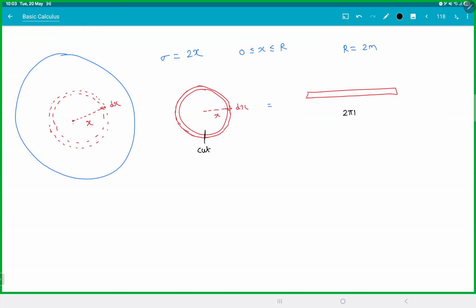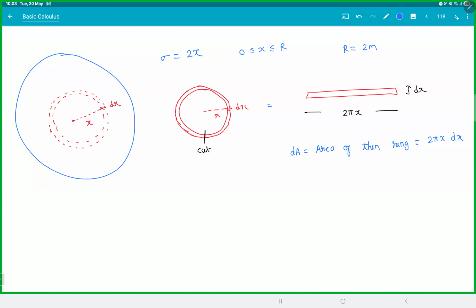This will be 2 pi x. So till here it is the same story, dx. So dA, the area of this thin ring, is length into breadth, 2 pi x into dx.